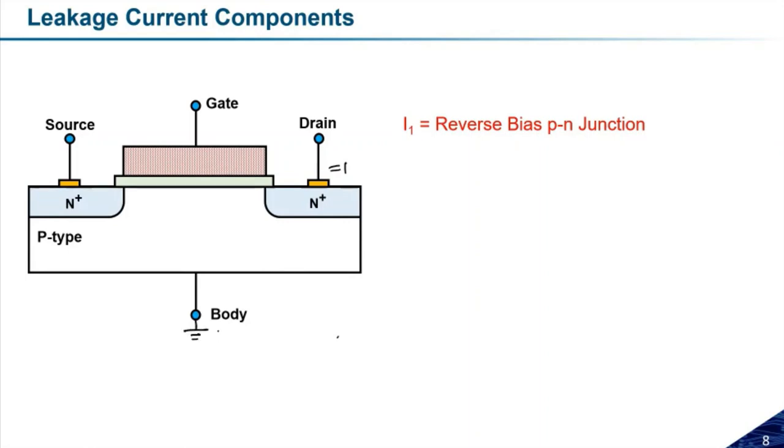Because the body is grounded, and if I apply some drain voltage, the junctions between the drain and body, and the source and body, will create a reverse bias PN junction. So some current will flow between the drain and body and between the source and body. This kind of current we call the reverse bias PN junction current.